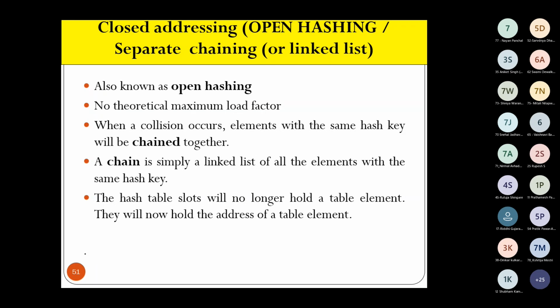But again, that address might have a chain of different nodes, and at that same address which is having the address of that linked list, we can create one additional node and we can chain the current key value pair into that. So this closed addressing is also known as open hashing.